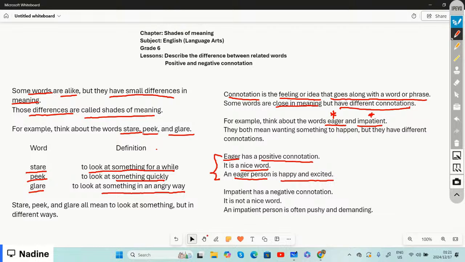And then we have the word impatient. And impatient is a negative connotation, meaning that it is a not so nice word.